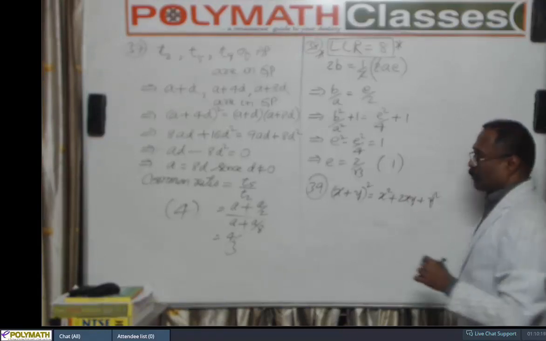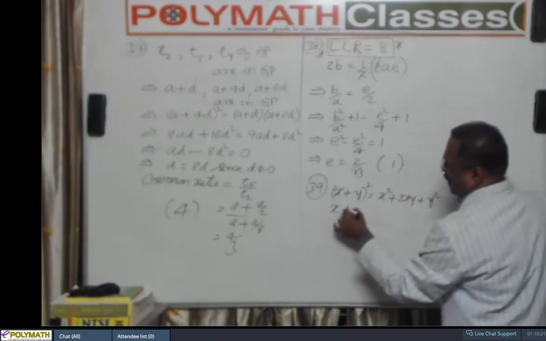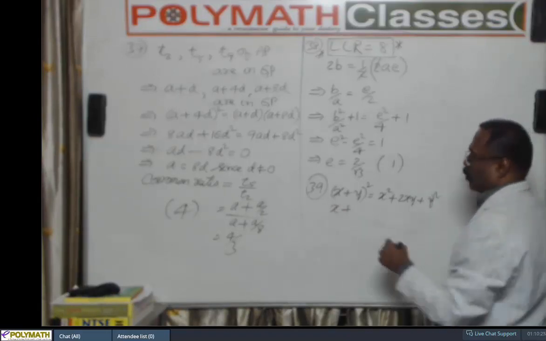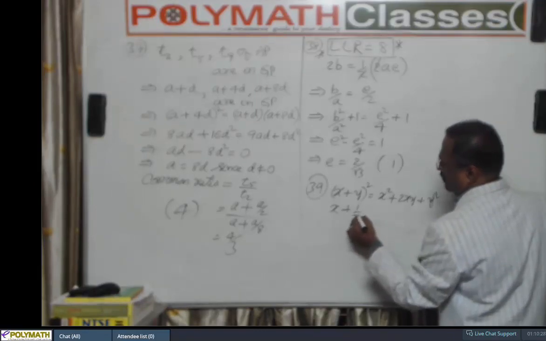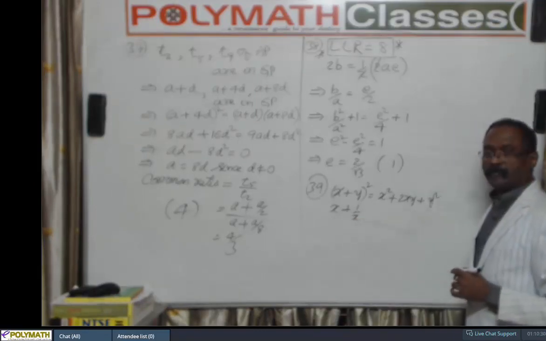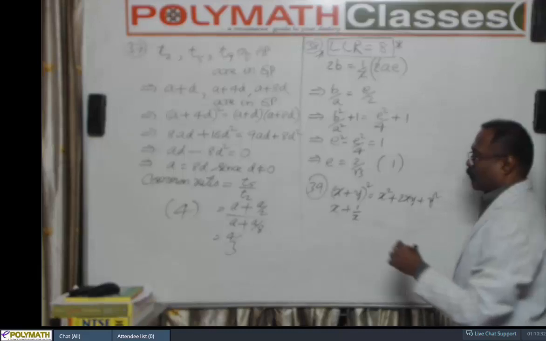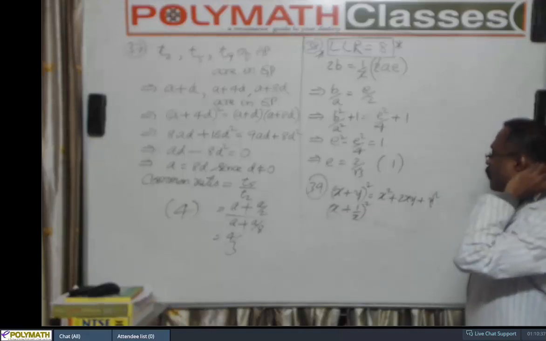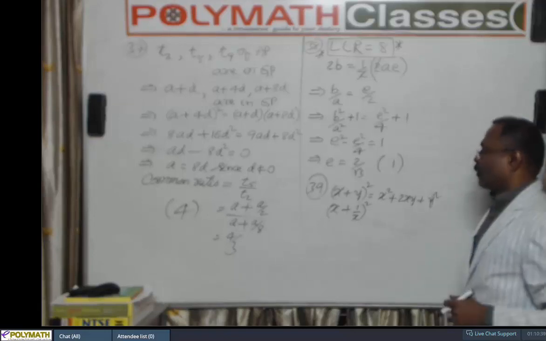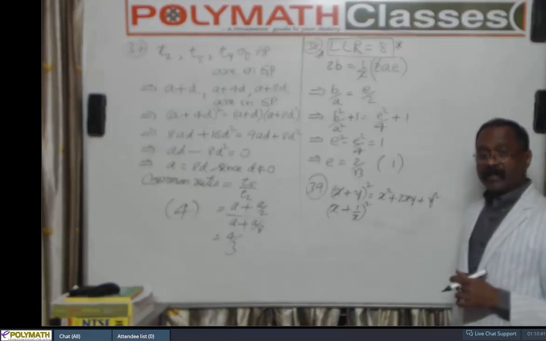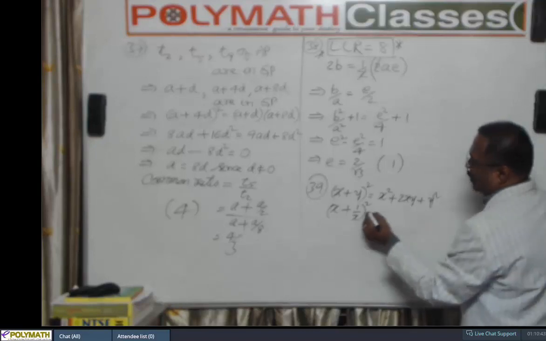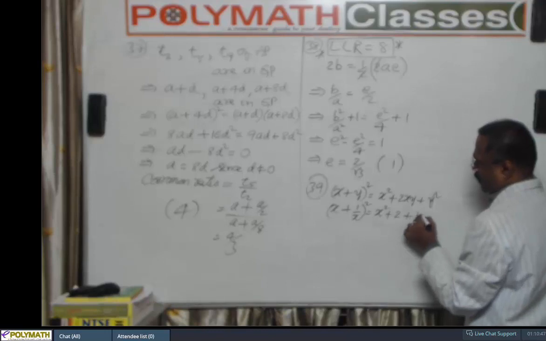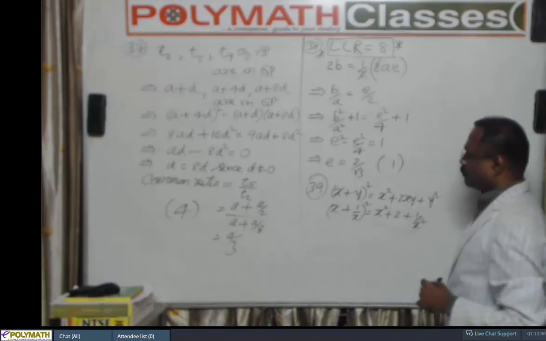Now, if you have (x + 1/x)^2, how many terms will there be in this case? x^2 + 2 + 1/x^2.